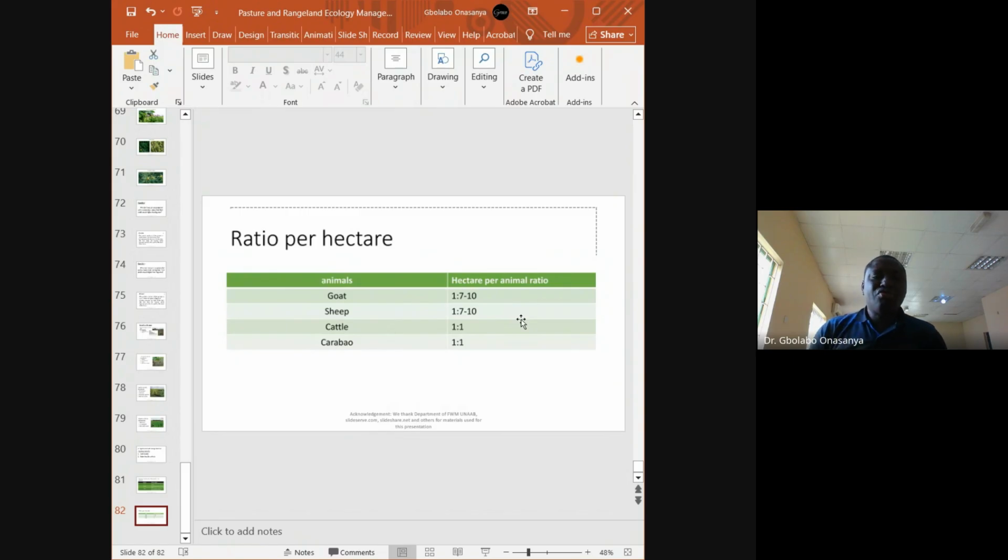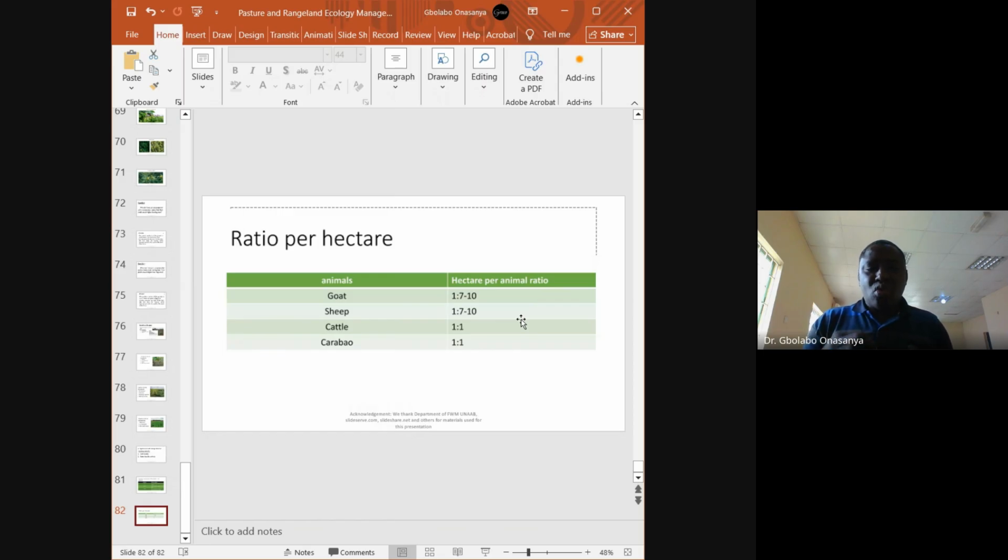Fantastic. So, the ratio of animals per hectare of pasture land or rangeland. Goat, for instance, 1 to 7 ratio, 1 to 8 ratio, 1 to 10 ratio, to 10 hectares of land.